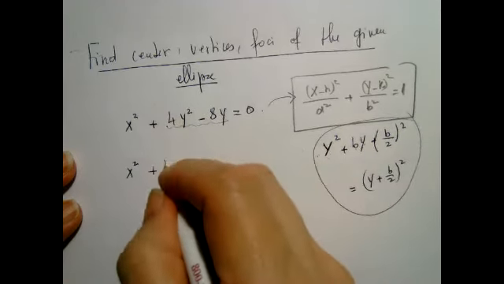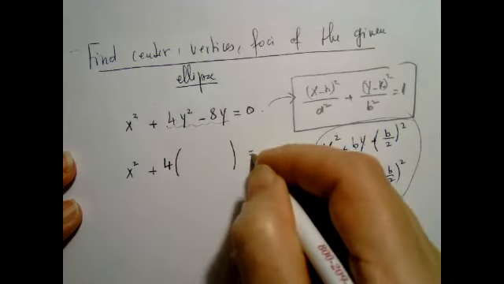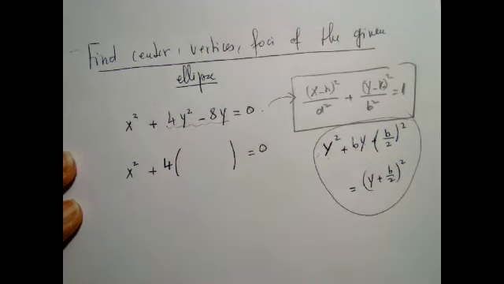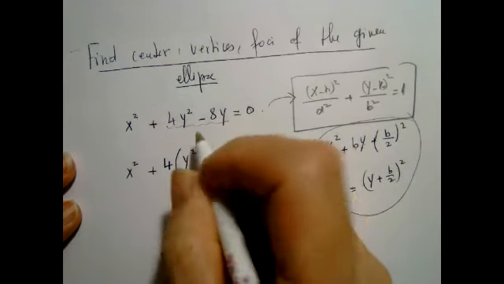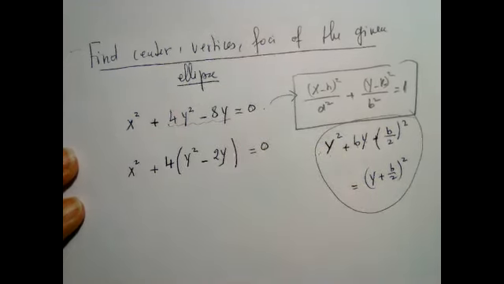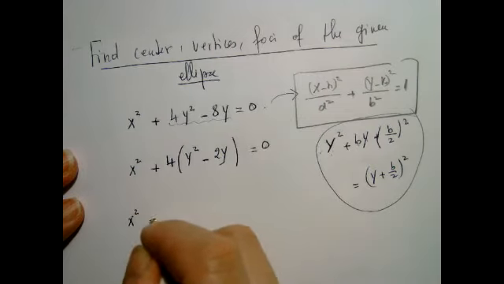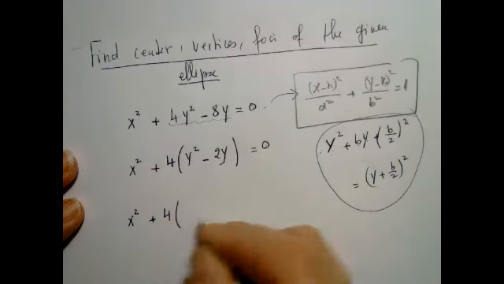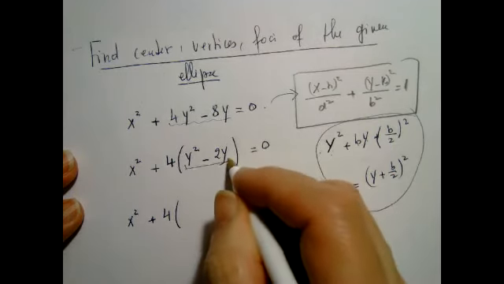So to prepare for it, I'm going to first factor out the 4. And I will get y squared inside minus the coefficient, which is 2y. Okay. Now, this is x squared plus 4 times, and I need to complete the square of the expression in here.